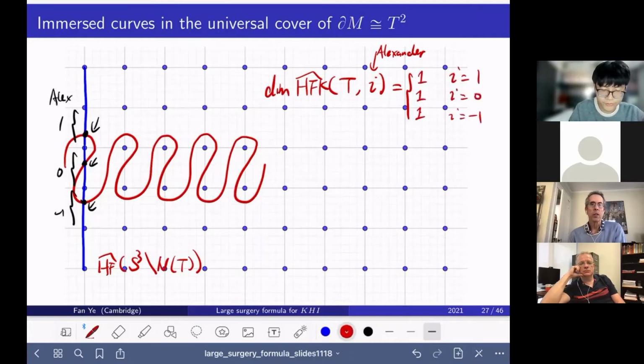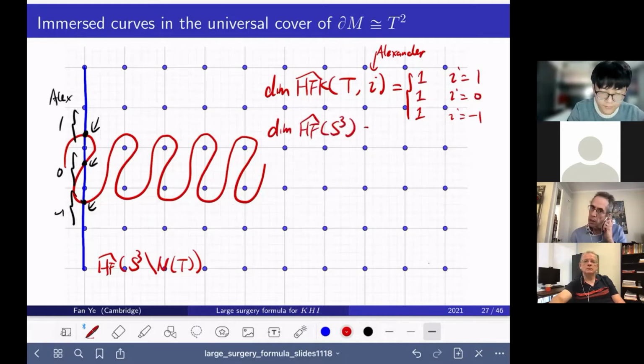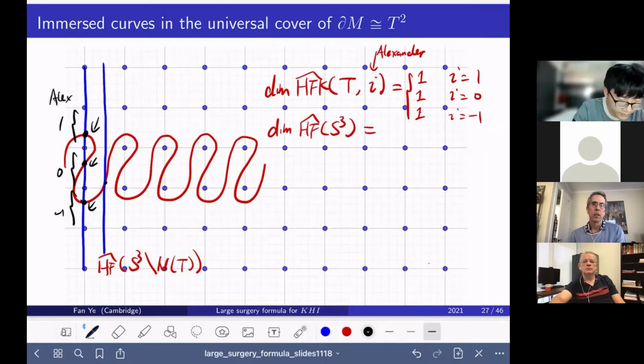And then if we want to compute the dimension of HF hat of the ambient three-manifold, we just consider a vertical line that does not pass the base points. We will find there's only one intersection point, so this is one-dimensional.